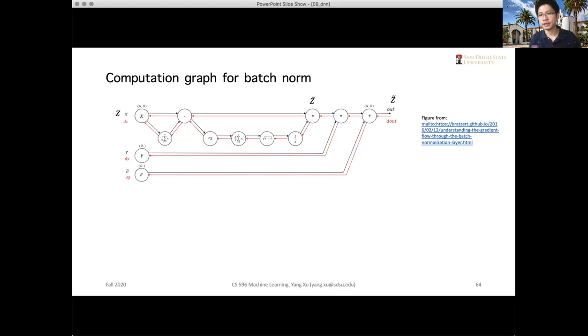But I think it's theoretically inspiring to keep in mind that batch norm actually comes with some additional forward pass and backward pass as defined by the computation graph.